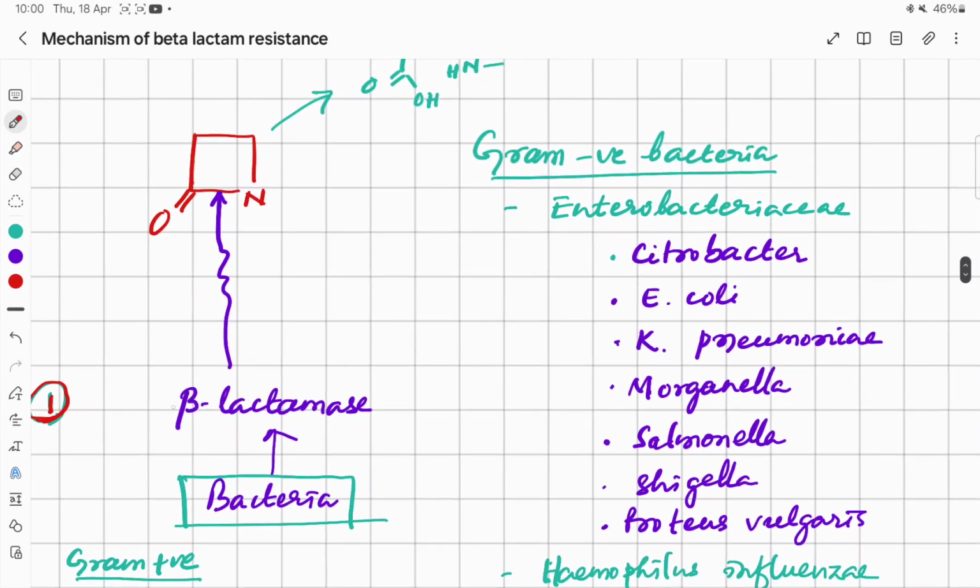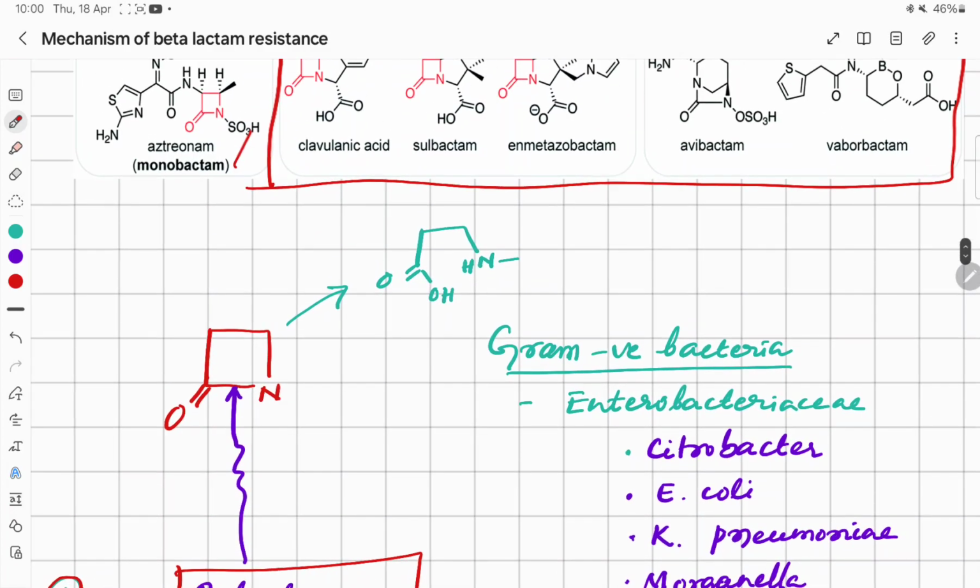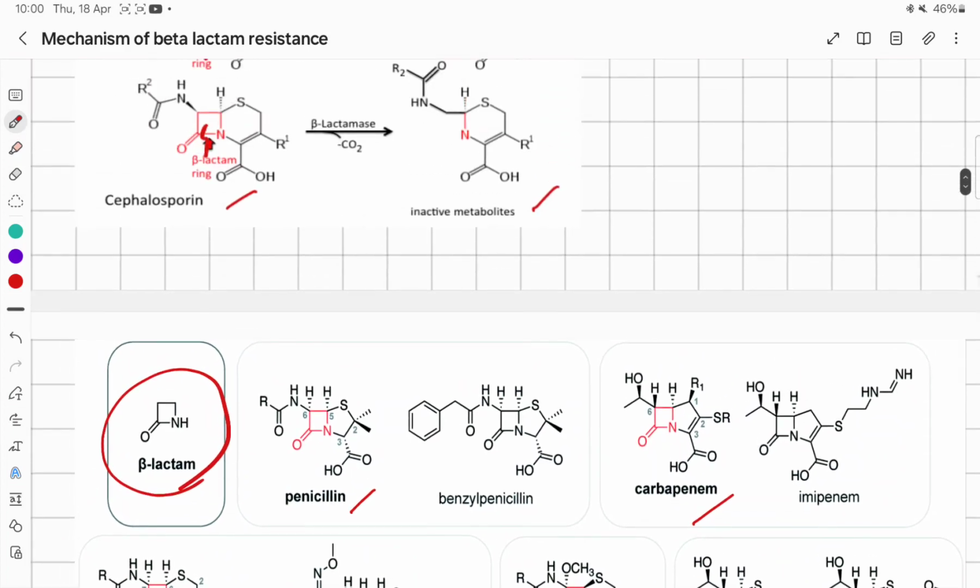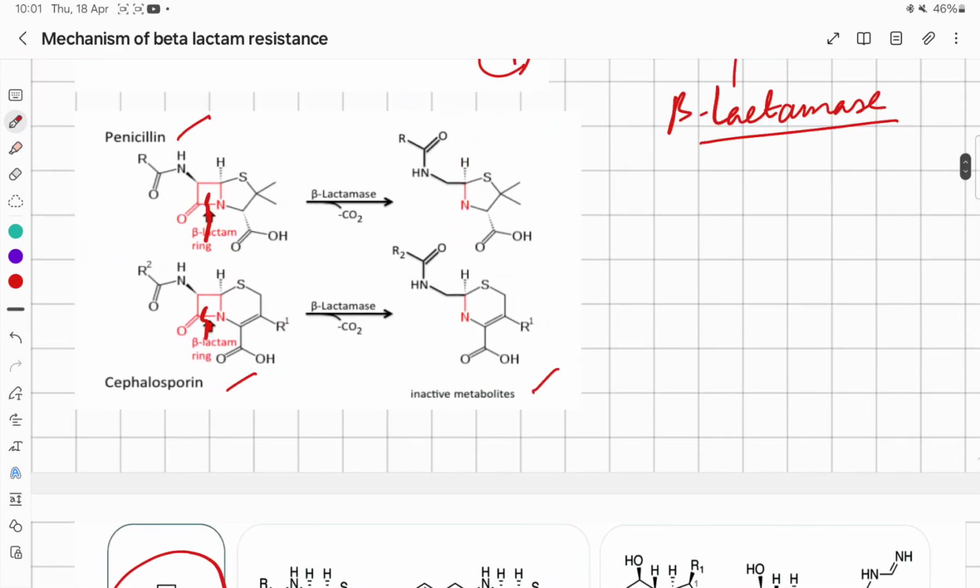All of them can produce the enzyme beta lactamase, which destroys the beta lactam ring in the structure of penicillins, cephalosporins, carbapenems, and monobactams.